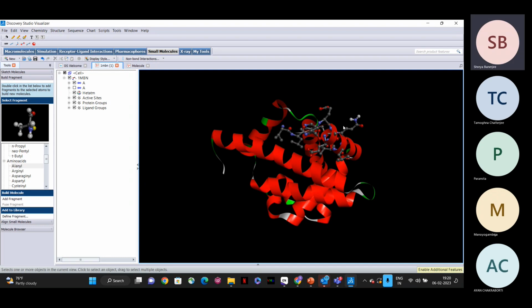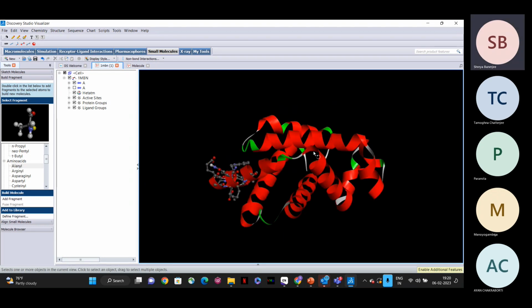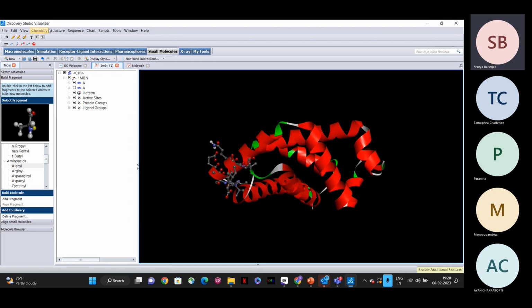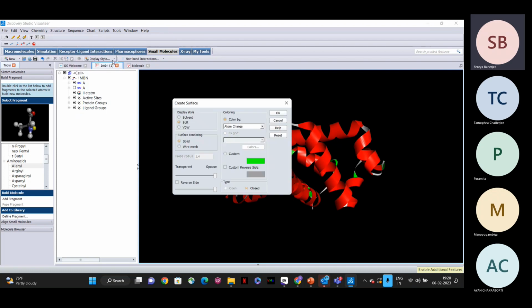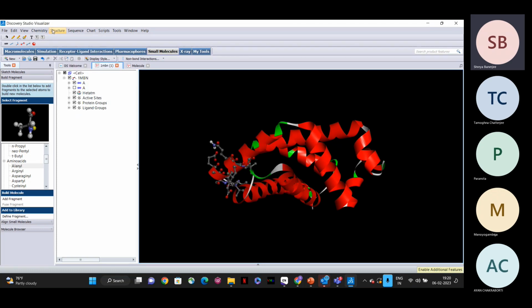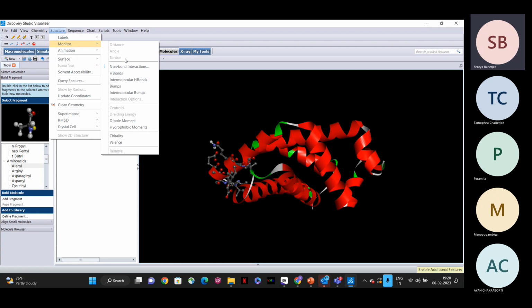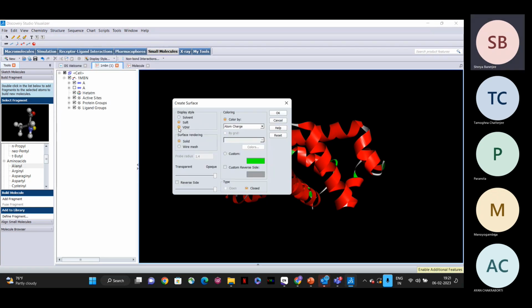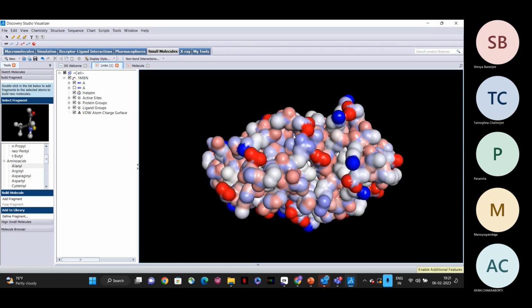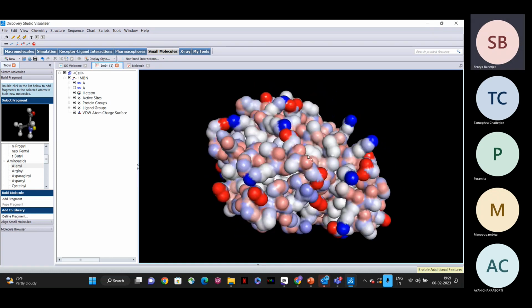So yeah, that is mainly it, and you can check the different van der Waals surface. Like if I go to structure, surface, add van der Waals, this is giving the van der Waals surface.